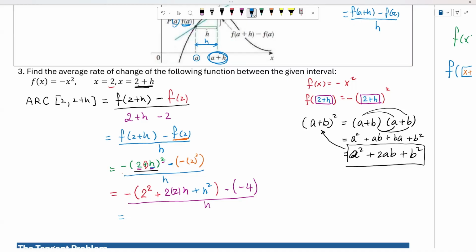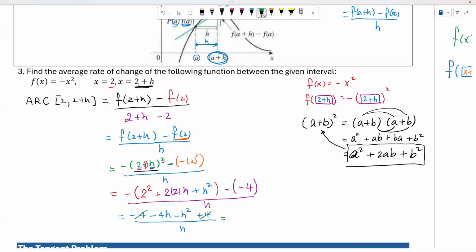Then let us simplify this. I will have negative 4 minus 4h minus h squared plus 4. You will see that negative 4 plus 4 cancel.